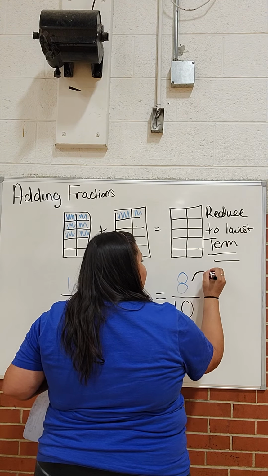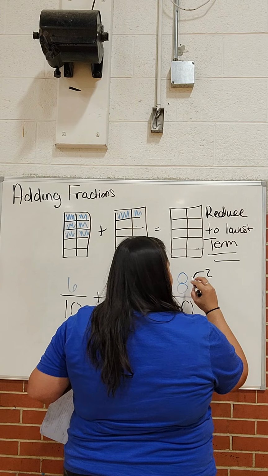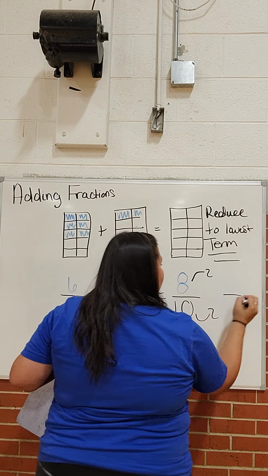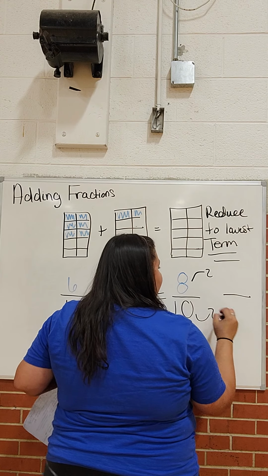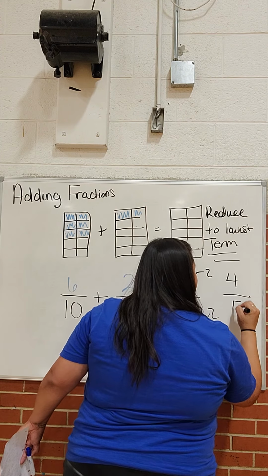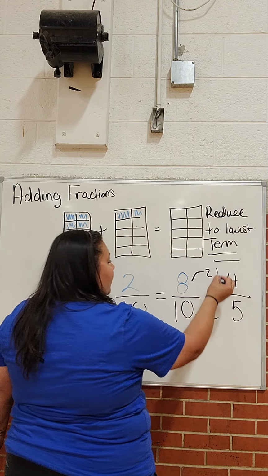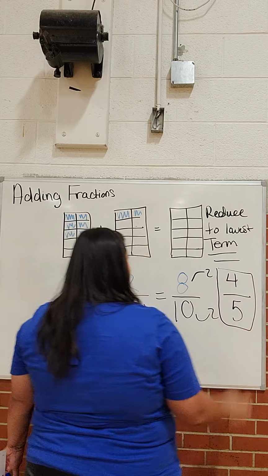So what we're going to do now is divide 8 by 2, and then 10 by 2. That will equal 4, of course, and 5. Nothing else can go into 4 or 5, so therefore it's to its lowest term.